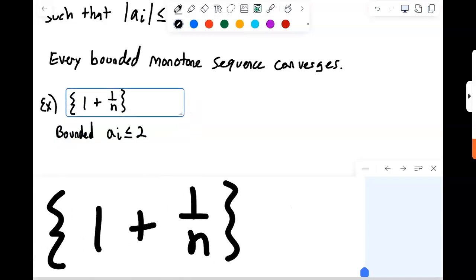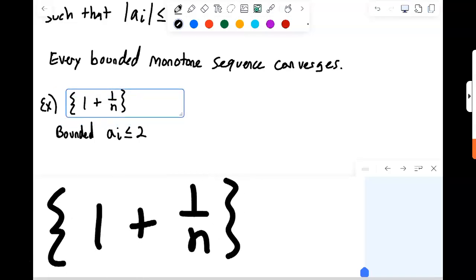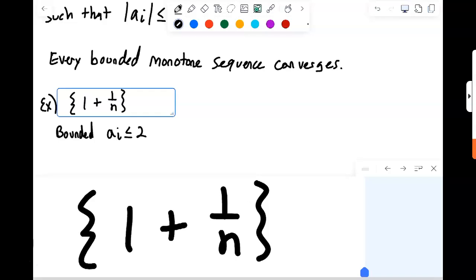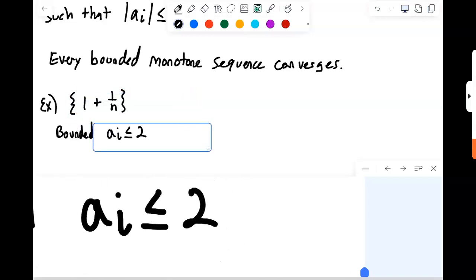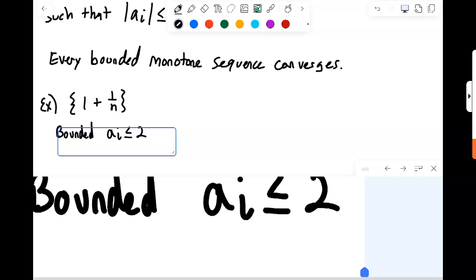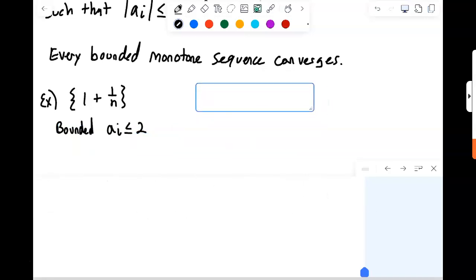The first value you plug in, 1 plus 1 over 1 is 2. Then it would be 1 plus 1/2, which is 1.5. 1 plus 1/3 is 1.33 repeating. 1 plus 1/4 is 1.25. We can agree that this is bounded. What else can we realize?